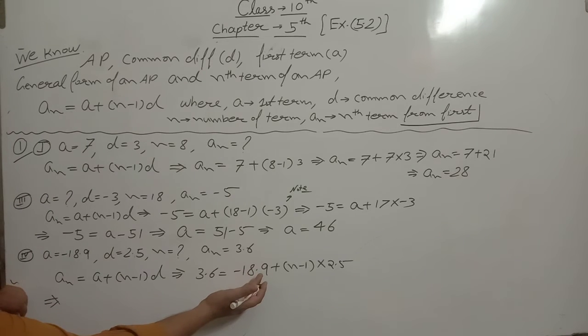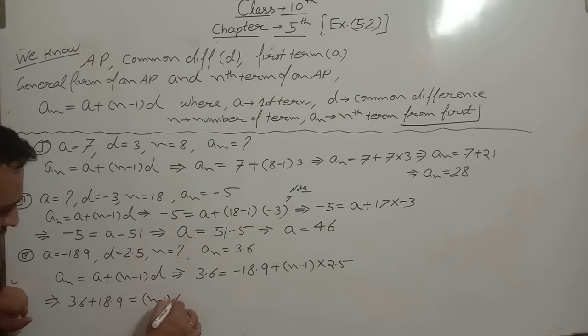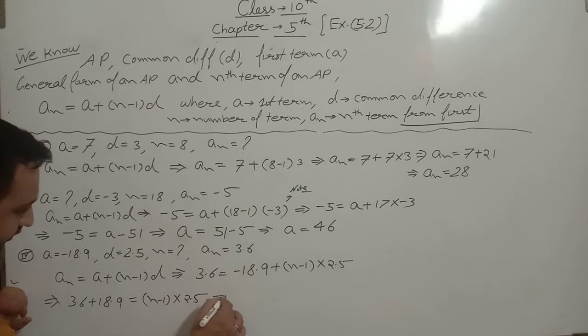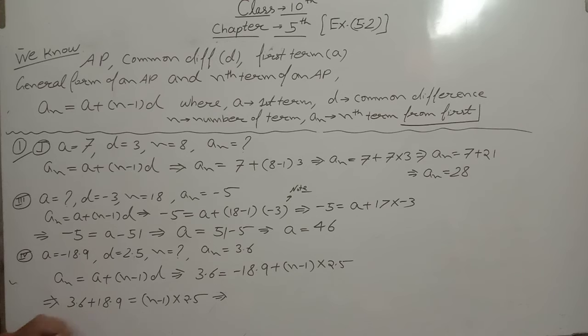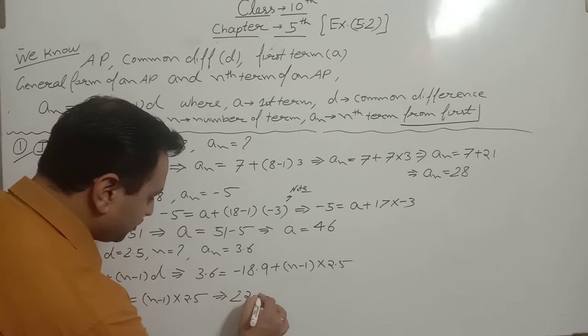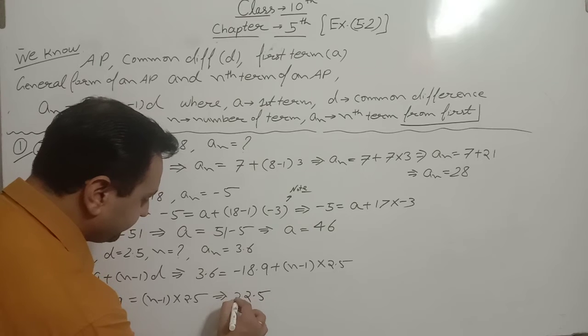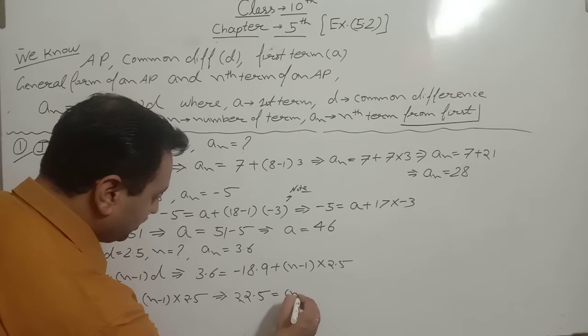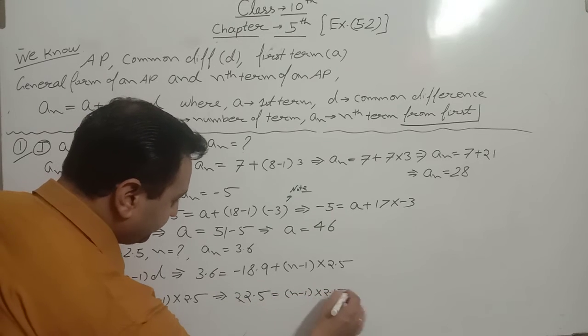Minus 18.9 goes to the left side and adds with 3.6. 3.6 and 18.9, the addition is 22.5, is equal to n minus 1 into 2.5.